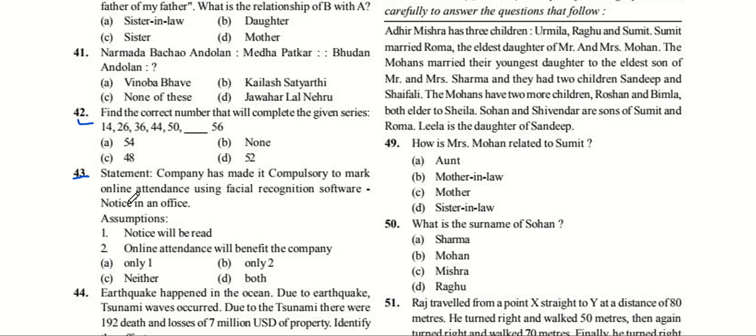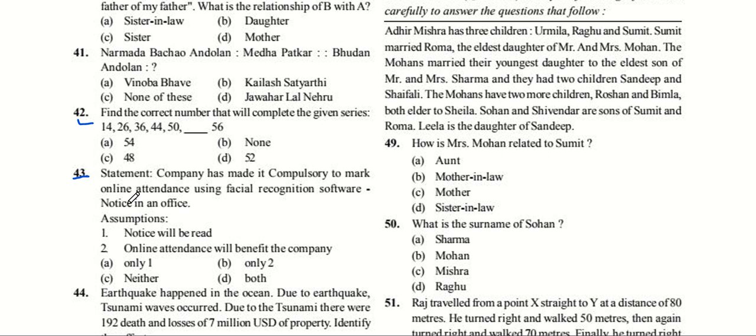If this was wrong, then the company would not have given this notice about marking online attendance. If the notice will not be read, then why would the company put up the notice? There is no logic in this. That's why this assumption is correct. We can imply it out of this statement.